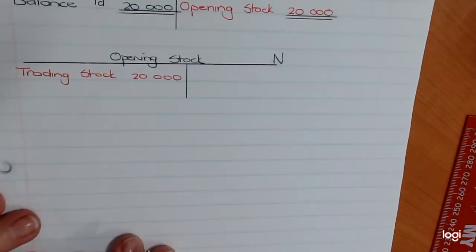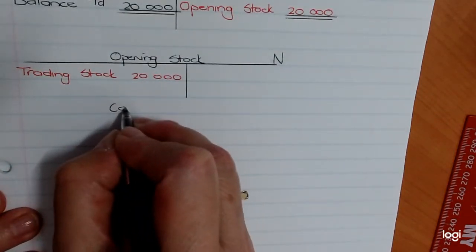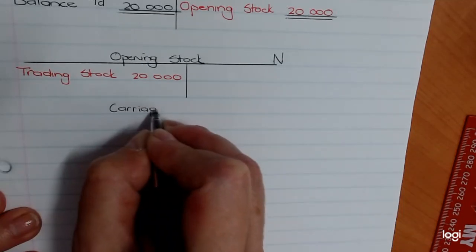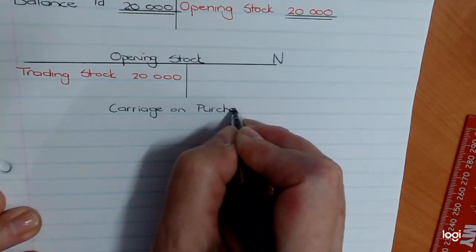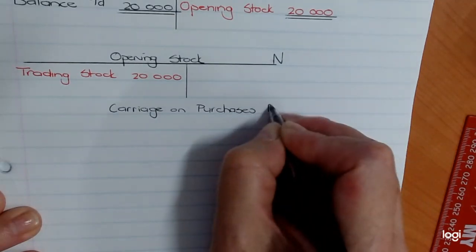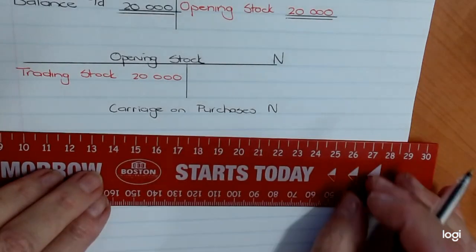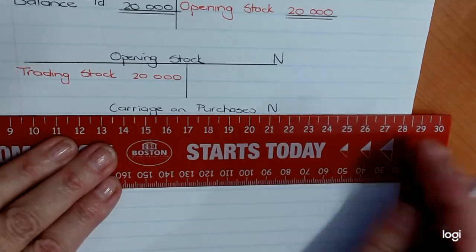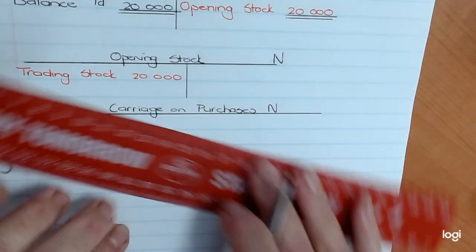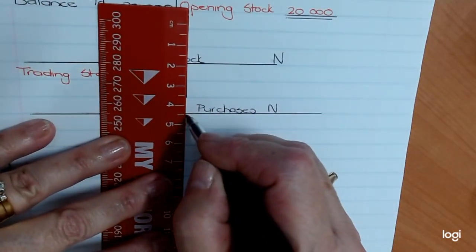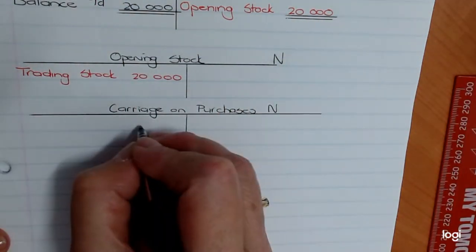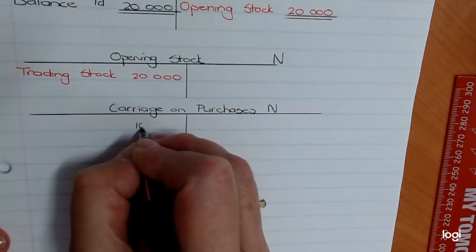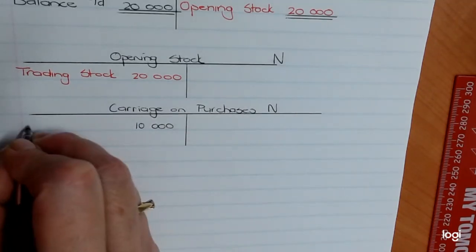The other accounts we learn about is the carriage on purchases, because the carriage on purchases is a separate expense account, and it will increase the cost of the stock. But we will not put that in with the stock account. So that's an expense account. Let's just say the year's expense was 10,000.